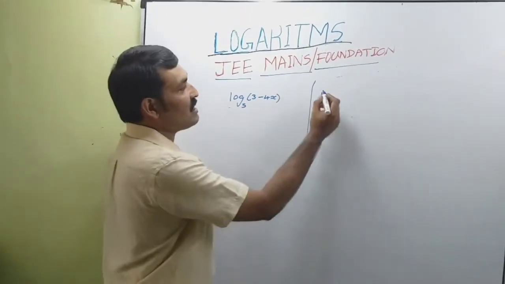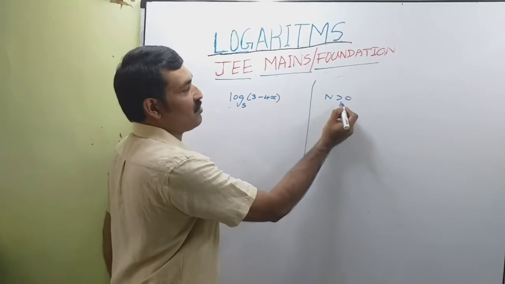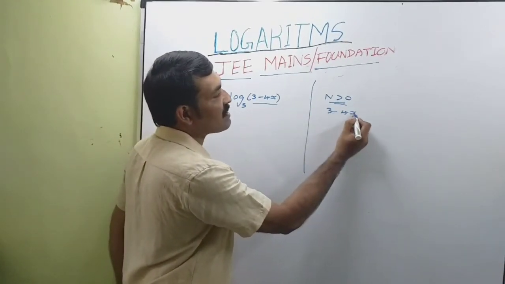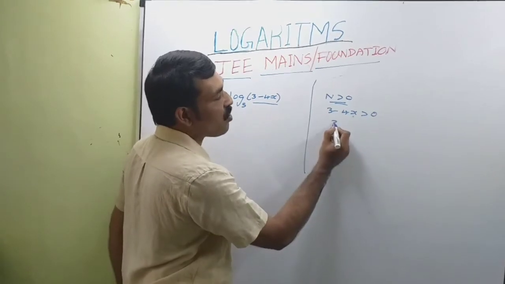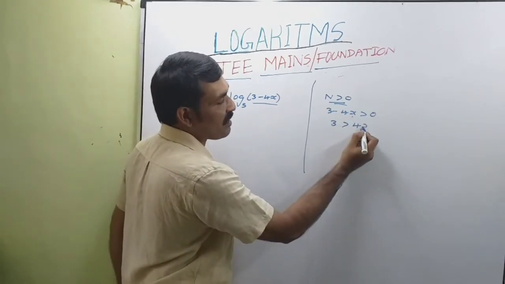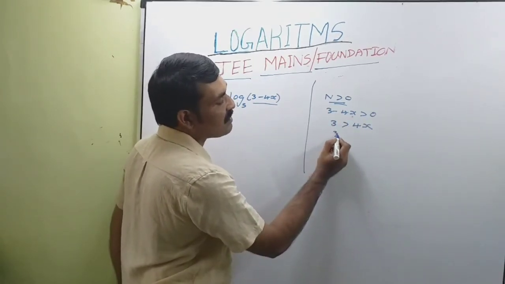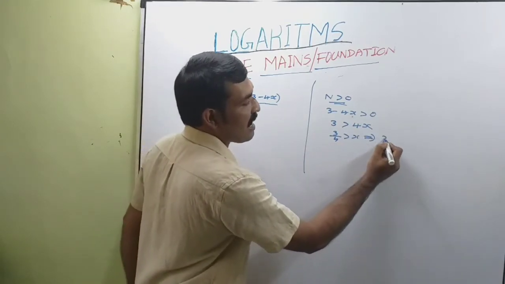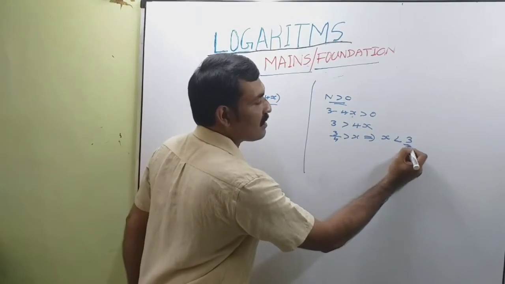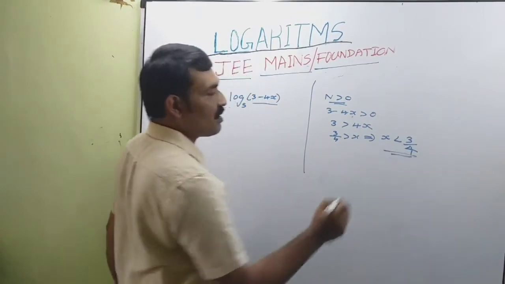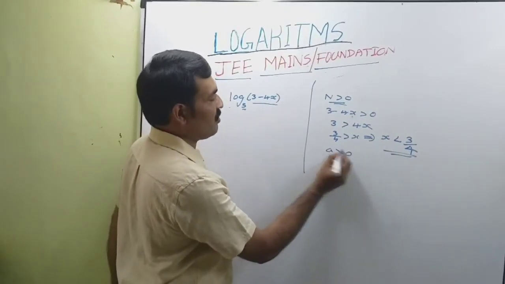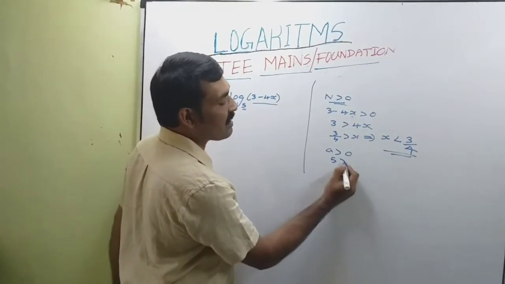So our first condition is n is greater than 0. That implies 3 minus 4x greater than 0 or 3 greater than 4x or 3 by 4 greater than x. This implies x is less than 3 by 4. Now, the second condition is a greater than 0. Here a is 5. 5 greater than 0.